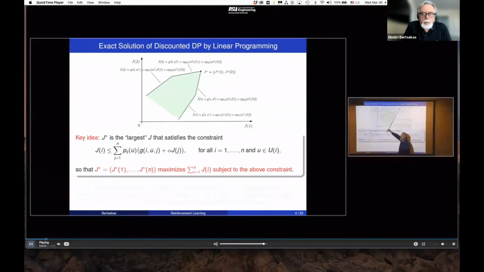So this first inequality cuts off this part of the space. The second inequality corresponds to state 1, control 2. It's a line like that, and everything that lies on the green side satisfies the corresponding inequality. Let's go now to state 2, control 1, another hyperplane, and this green side is the feasible portion defined by the inequality, and we have that one also. So the feasible set of this linear program is this green polyhedron here.